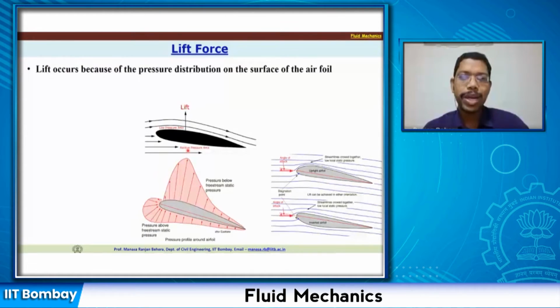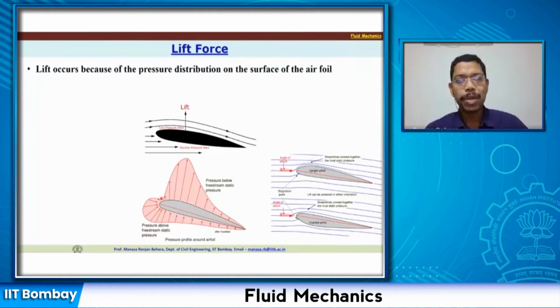So at the bottom you get a positive pressure, all right, and at the top you get a negative pressure or low pressure. So the higher pressure is going to be pushing the object in the upward direction. Okay, and that net force which is acting upward is nothing but your lift force.